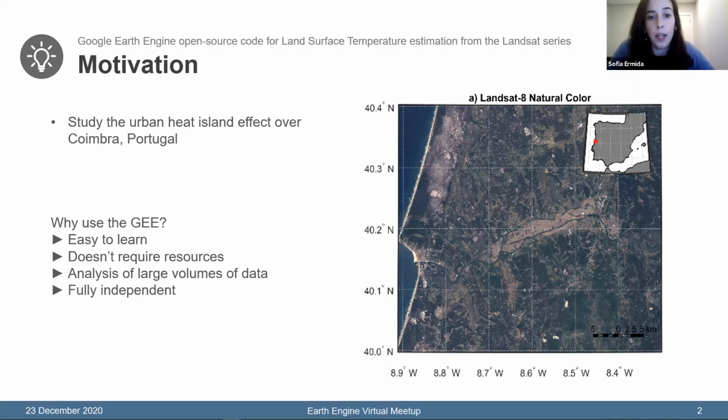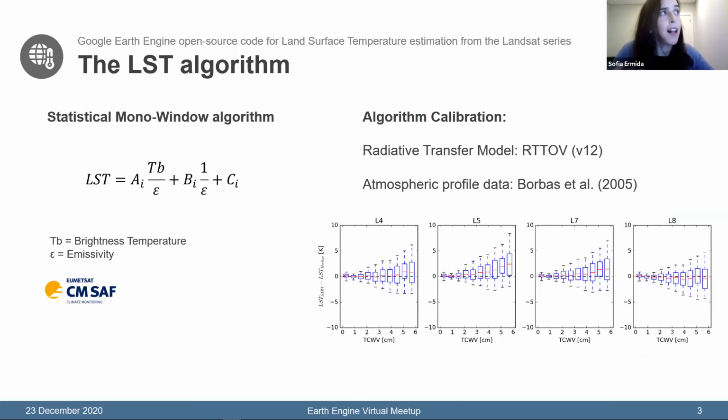And so we started setting up what we call a production chain for the Landsat land surface temperature. The algorithm we decided to use was the statistical mono window algorithm. So this algorithm only requires one infrared channel, which is what is available on the Landsat.